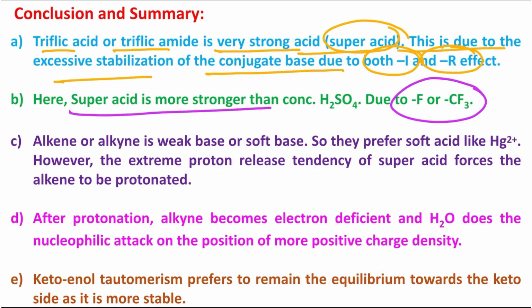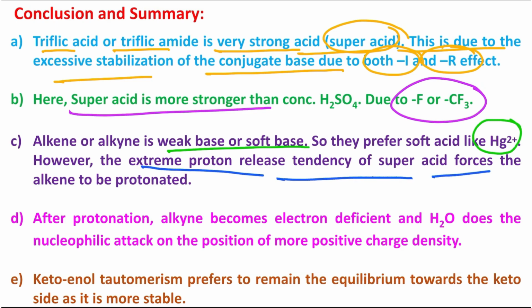And in this case, alkene or alkyne, if you consider one of them, both are weak base or soft base in nature. So they prefer soft acid like Hg2+, means mercury 2+. However, the extreme proton release tendency of superacid actually forces this alkene or these pi clouds to be protonated.